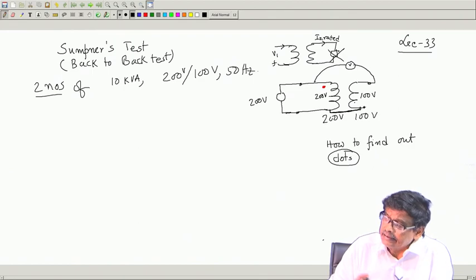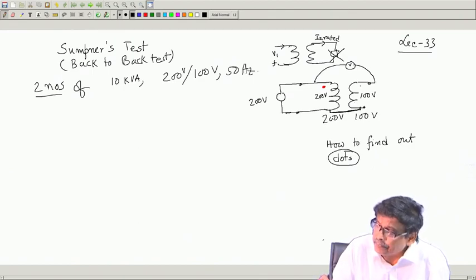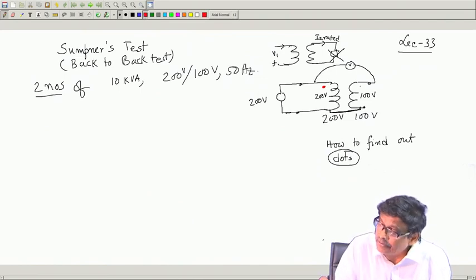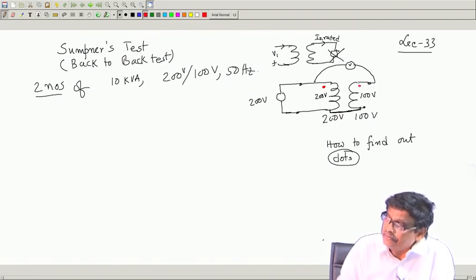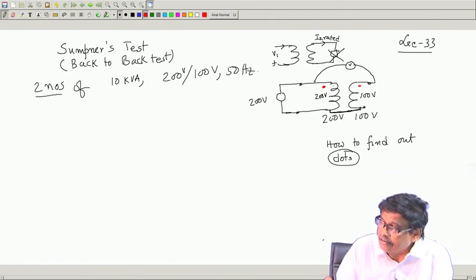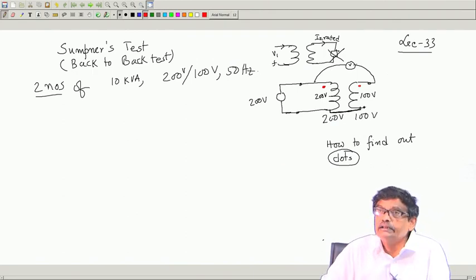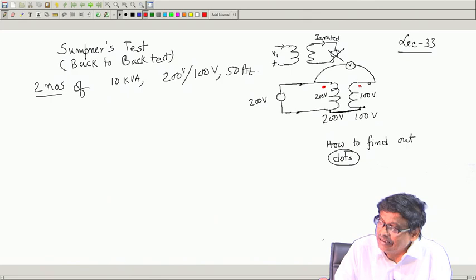The thing is, suppose let us assume this is dot, suppose this is also dot. These two coils are connected in series, as you can see, and I am measuring the voltage. What will be the voltmeter reading? 100 volt, because this is plus, 100 volt.